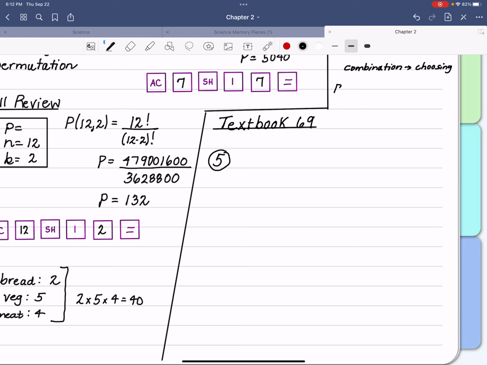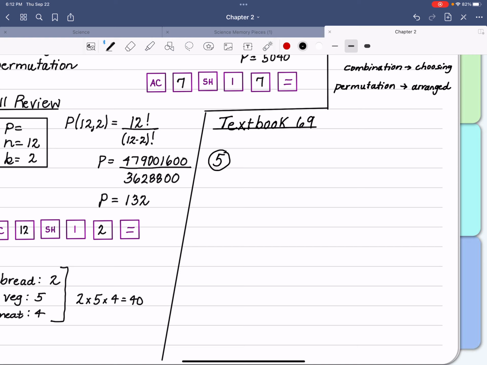A permutation is related to arrangement. So if your outcome is arranged in a certain way, you want to use the permutation formula. If you're just choosing items, then you can use the combination.